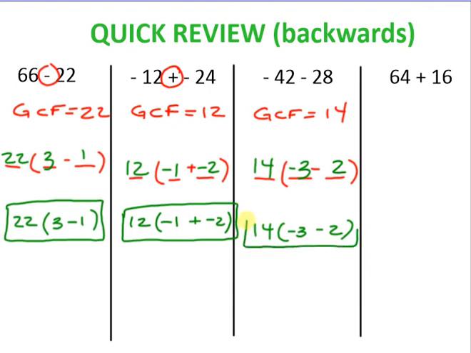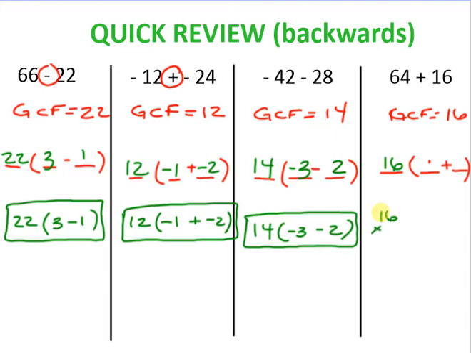And remember that all of these can be checked by doing forwards distributive property. And then last but not least, here we have 64 and 16. I believe 16 is the GCF. We'll check that in just a second. Our sign is addition on the inside.